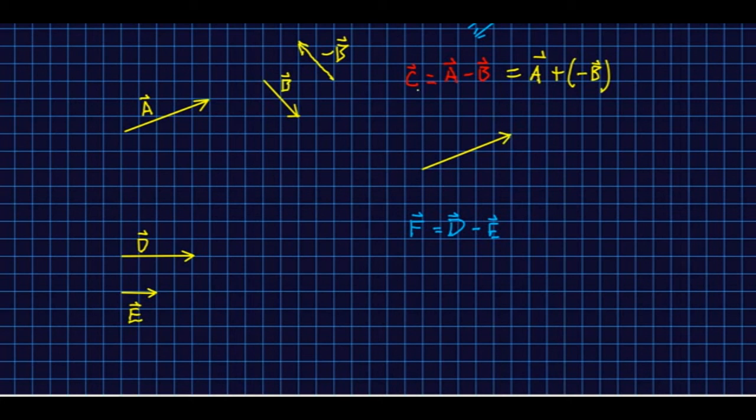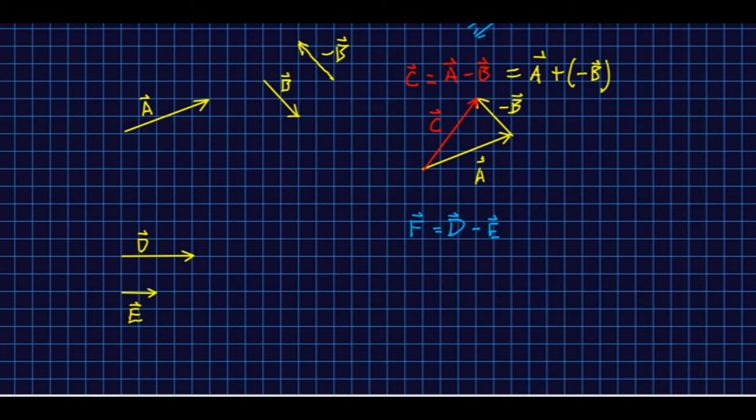There's a. And now I'll redraw negative b, which goes like this. And let me just label them to make things clear. So this is a, and this is not b, this is negative b. And so now the vector we get when we add them, c, we go from where we started drawing a to where we finished drawing b. And so there is c.